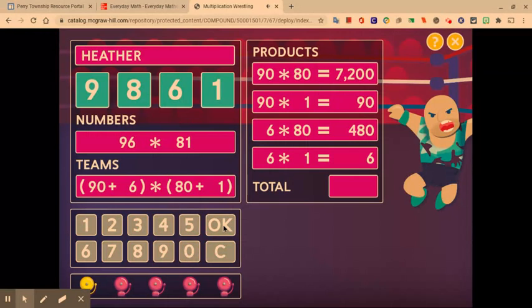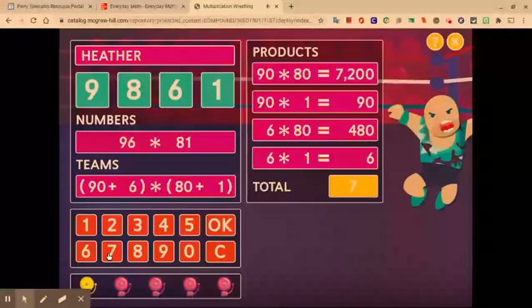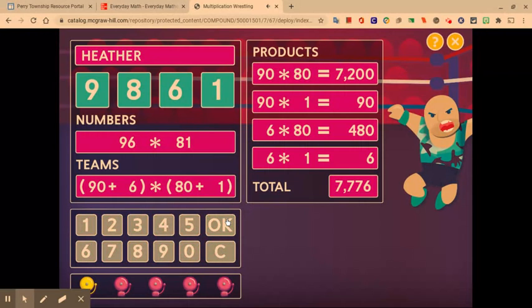The last thing I have to do is get my total. Now remember, for my total, I'm going to add this up. So you might grab a piece of paper or a pencil or your whiteboards to do this. So when I get my final answer, it's going to be 7,776. I was doing that in my head. Let's make sure that's correct. Yep, looks correct. So I press OK.